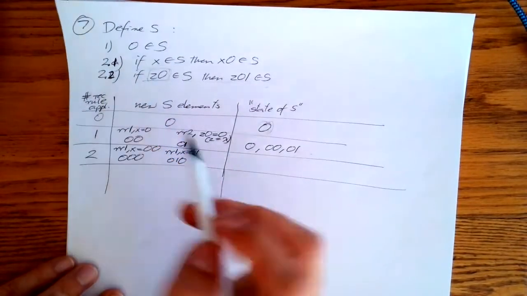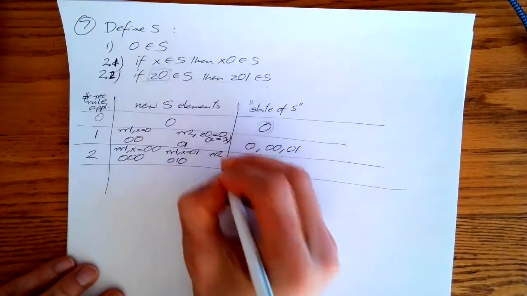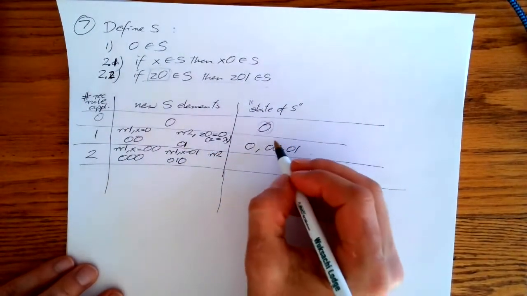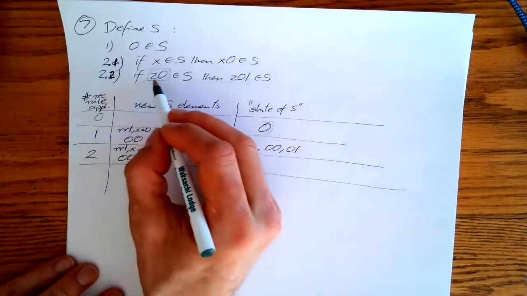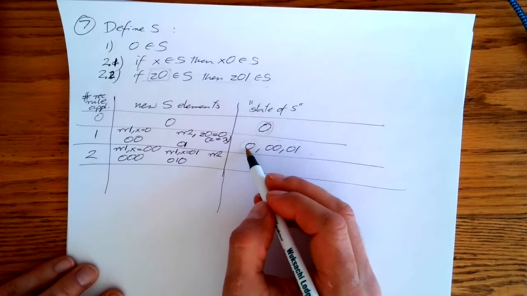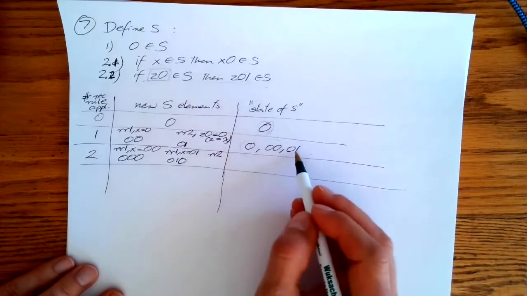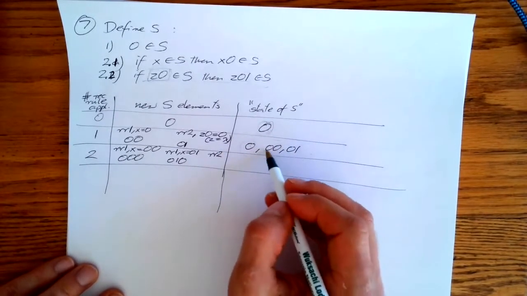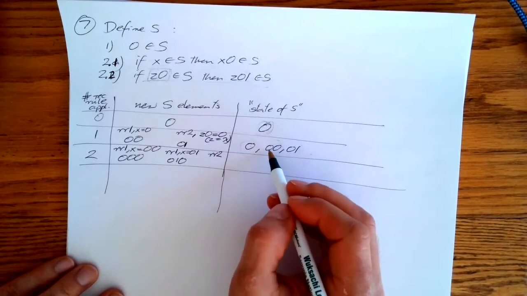Now, can we use the second rule with anything? Which of these elements is of the form Z0 for some Z? Well, this guy, for Z empty, but that was already done here, and we added this. The only other is this. And what's the Z?